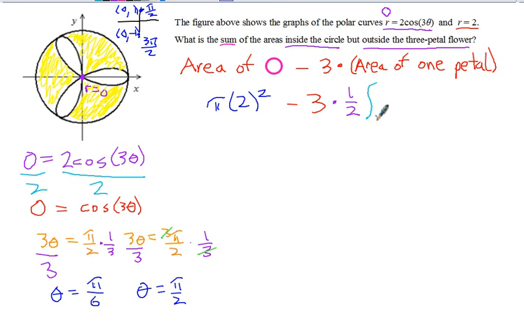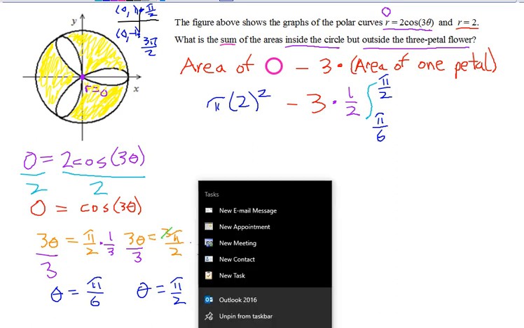Now we don't necessarily know which petal it is. If you want to know which petal that's actually giving you, in this case they're all the same size, what you could do is substitute an angle between pi over 6 and pi over 2, like pi over 3, which would be a good choice since there's a 3 inside there. You don't have to do this part, this is just showing you how you can figure out which petal it is.